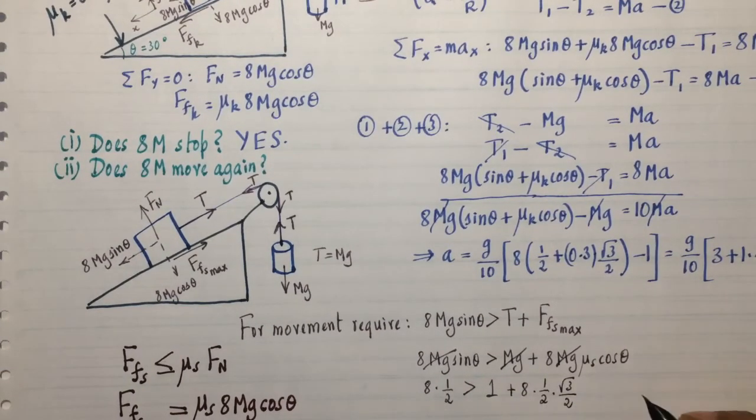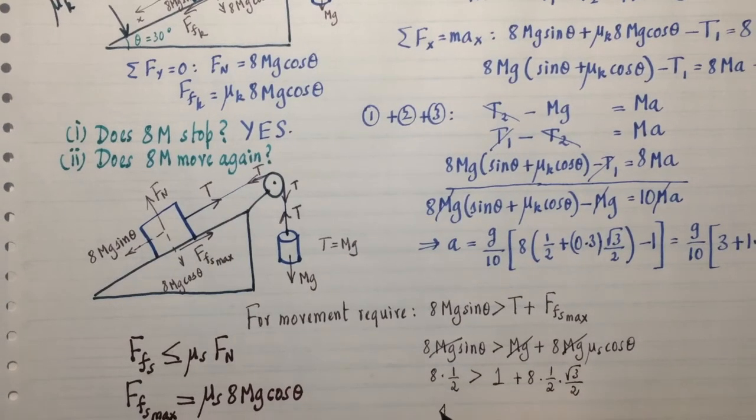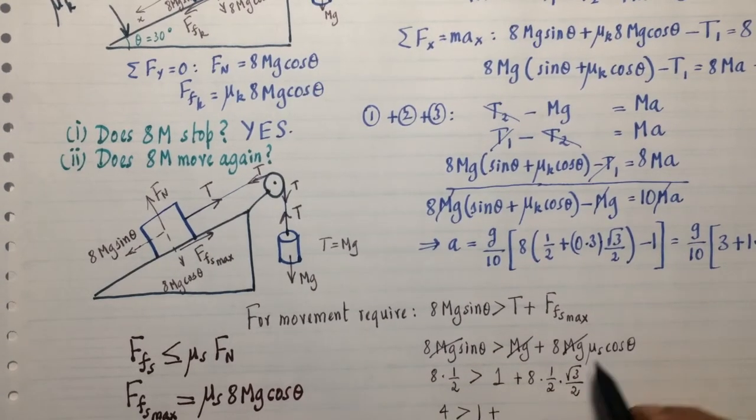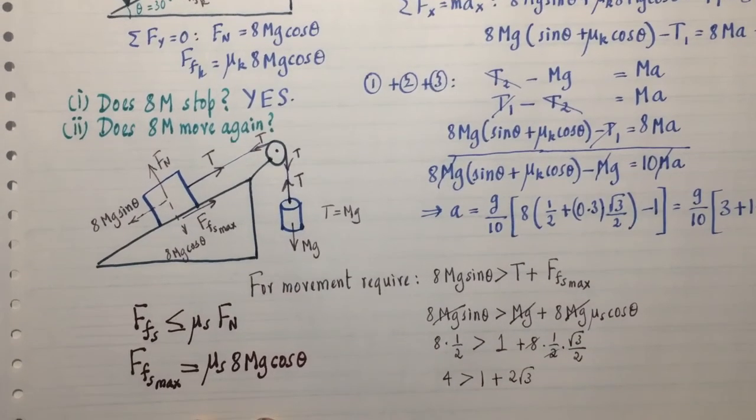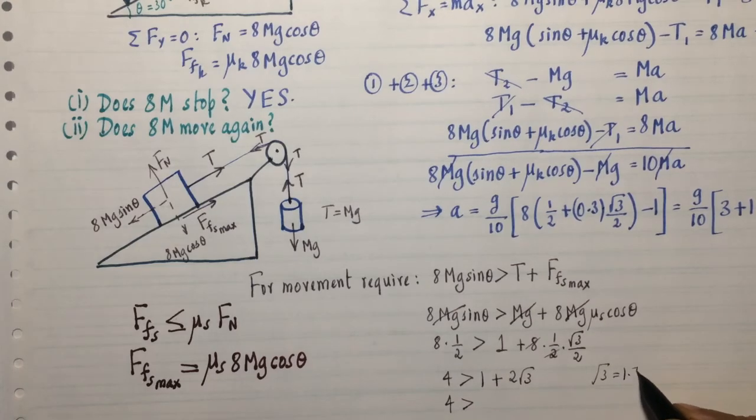I'm sensing a problem here. So is 4 bigger than 1 plus 2 root 3? I don't think so. Let's see. Root 3 is 1.732. 1.732 times 2 is 3.4 and change.